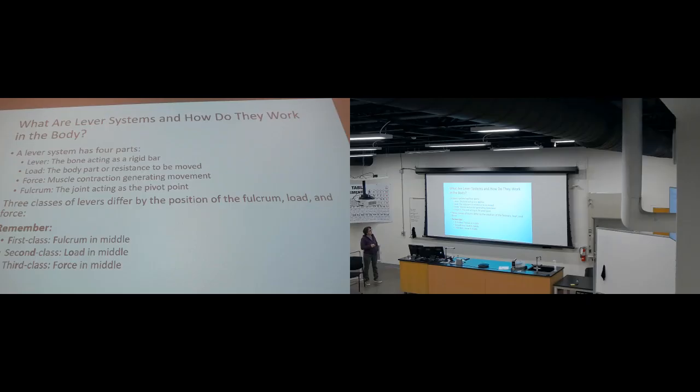The lever, which is actually the bone that acts as a rigid bar, and then the load, which is the resistance to be moved, the force, which is the contraction that you need to exert to carry the load, and then you have a middle point, or well, a fulcrum, which is the joint that acts as a pivot.